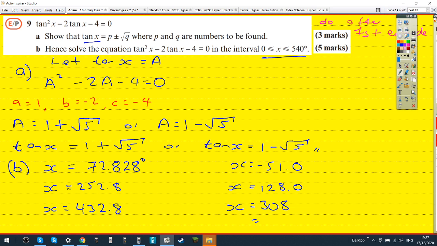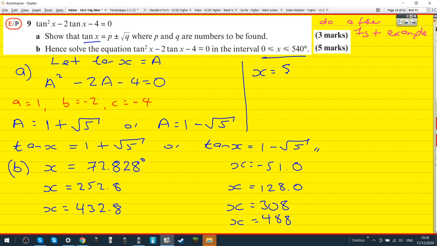So 488, I think. Yeah, 488. And then 400. That's the maximum you can go up to, and it will go over. And so, answers for x.